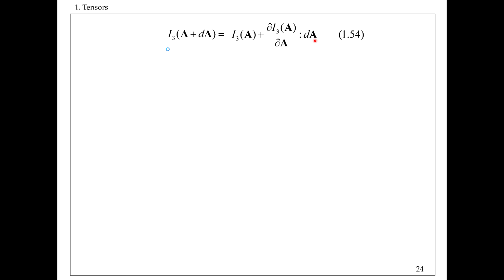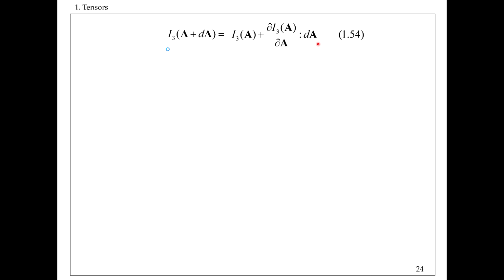Of course, you can see that on the left-hand side this is a scalar, just a determinant of a second order tensor. Here we also expect a scalar, and so we have this double contraction sign to make it a scalar. Otherwise, when we take the derivative of I3 with respect to the second order tensor A, that will be a second order tensor, and dA is of course also a second order tensor.